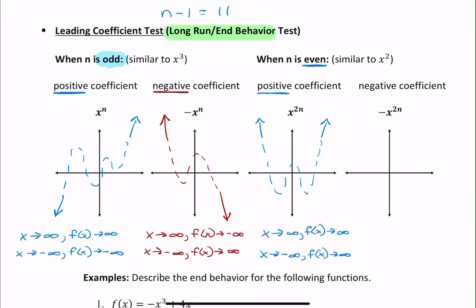And then the opposite, if your leading coefficient is negative, it's going to flip it down. So let's say we do something like that. It's going to say as x goes to infinity, f of x goes to negative infinity, and as x goes to negative infinity, f of x goes to negative infinity. So just depending on if the power is even or odd, and if the leading coefficient is positive or negative, that tells you a lot about the end behavior of the graph.